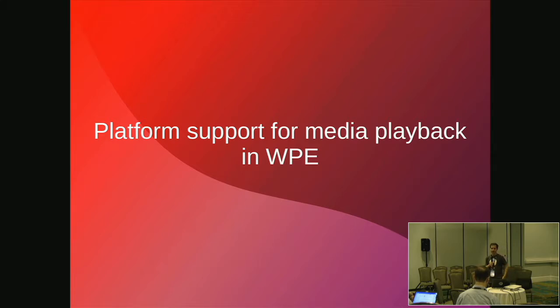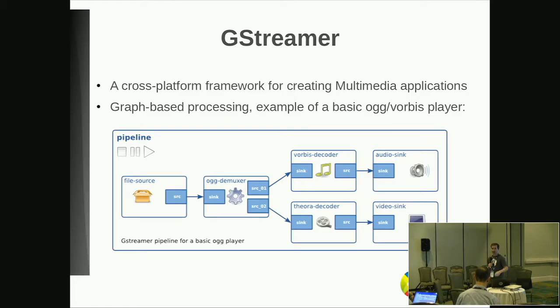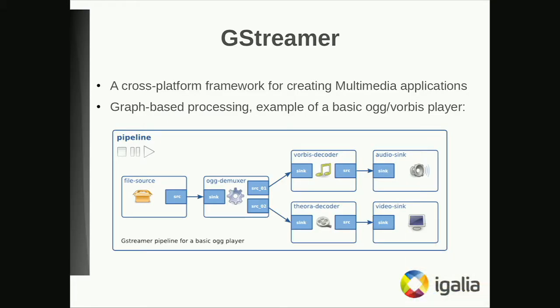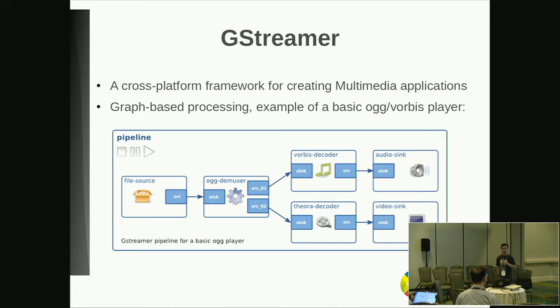So this is about multimedia, so I should talk a bit about the multimedia backend. I guess maybe you already know what GStreamer is, so I don't really need to go into the details, but it's just to give a brief introduction. It's a cross-platform multimedia framework, allowing you to build multimedia applications. Here you can see an example pipeline of an Ogg Vorbis media player. It's quite simple, actually.